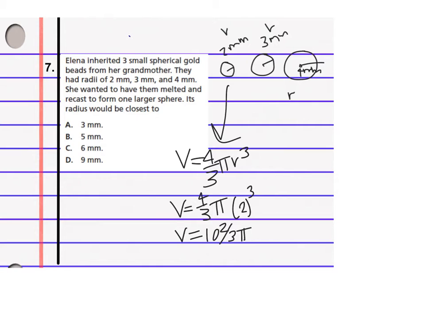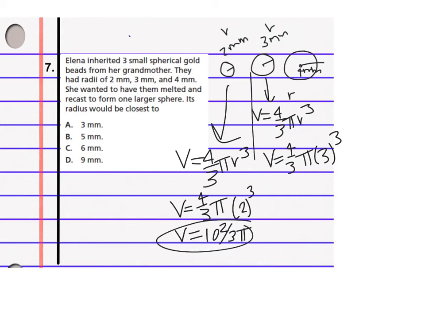Then take a minute, see if you can do the 3 and the 4. Same thing, volume 4/3 pi r cubed, but now I'm using 3 as my radius. Plugging all that in. I'm going to circle this just so I don't get lost. And you should be getting 36 pi for the medium.